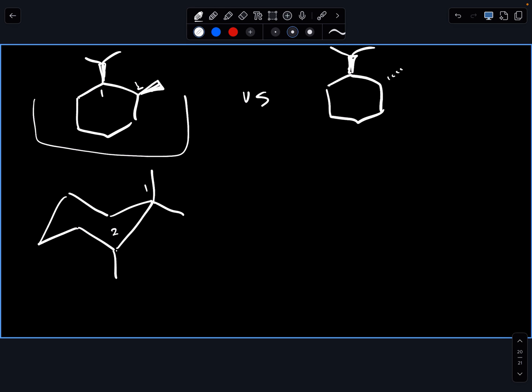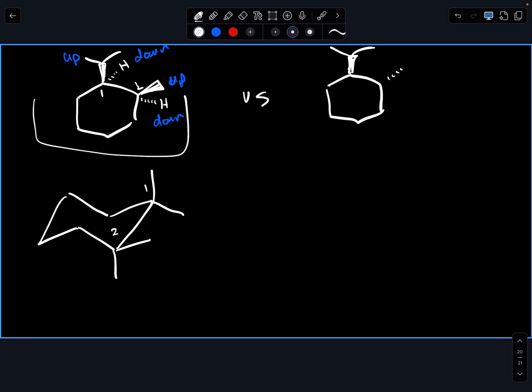Carbon 2 has a down and an over. Carbon 1, which group is up? The isopropyl or the hydrogen? And this has a hydrogen as well. I would call this up and this down. CH3 is up, hydrogen is down.